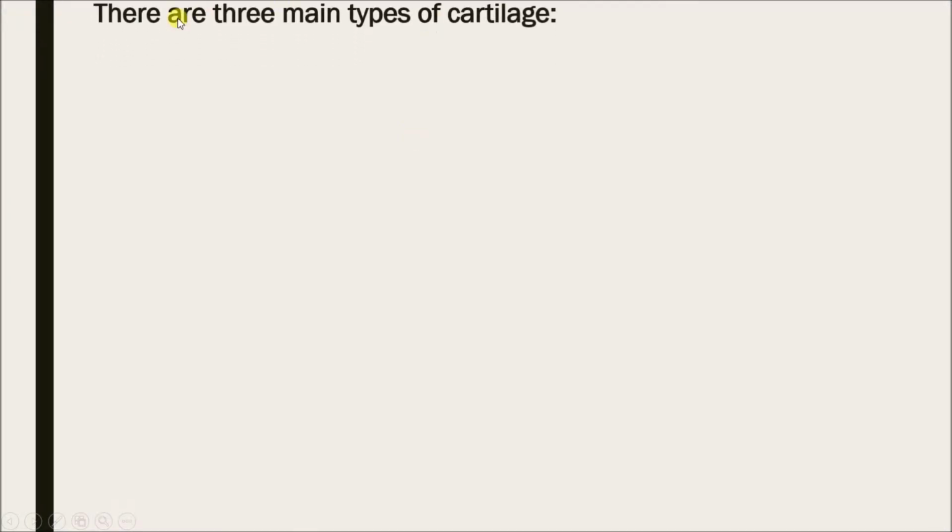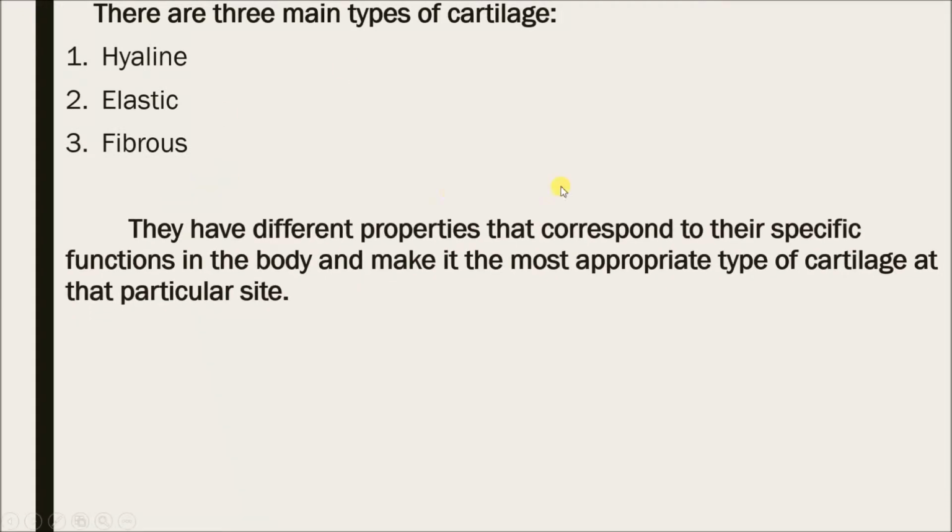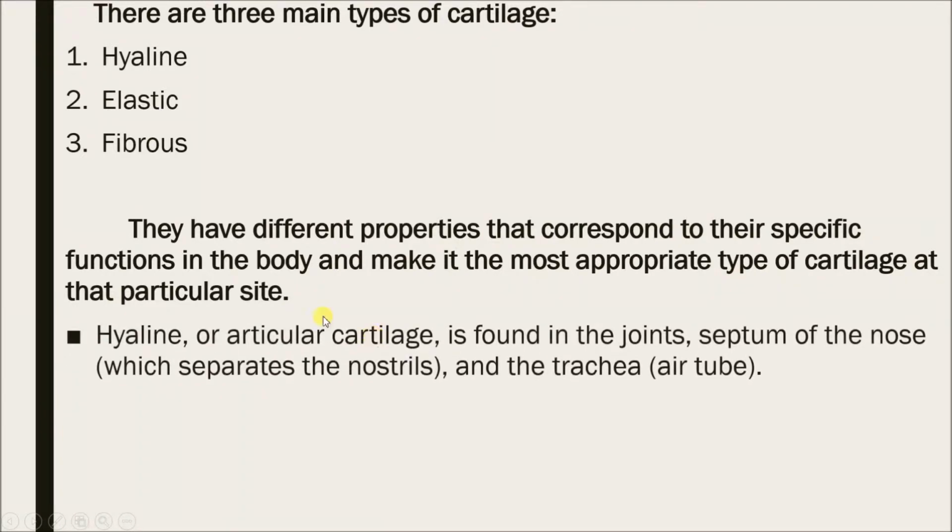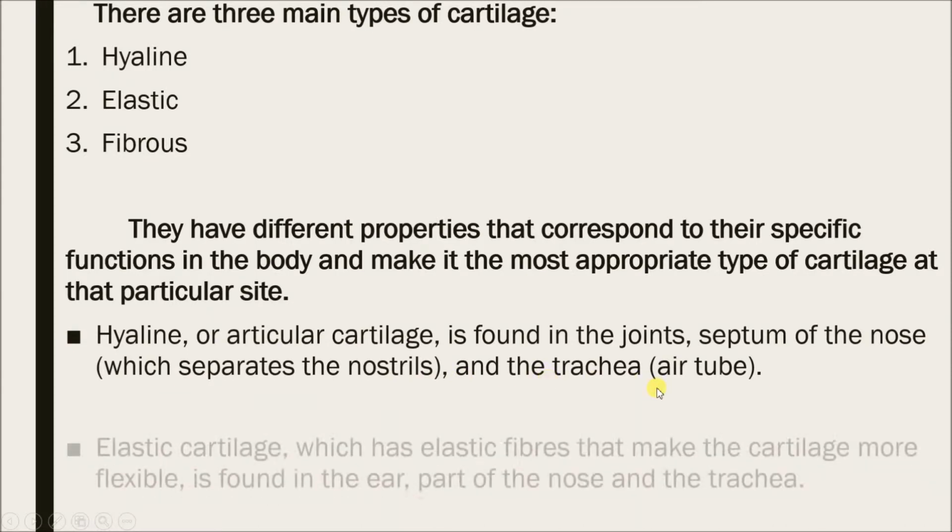There are three main types of cartilage: hyaline, elastic, and fibrous. They have different properties that correspond to their specific functions in the body and make it the most appropriate type of cartilage at that particular site. What is hyaline? Hyaline, also called articular cartilage, is found in the joints, the septum of the nose, which separates the nostrils, and the trachea or air tube.